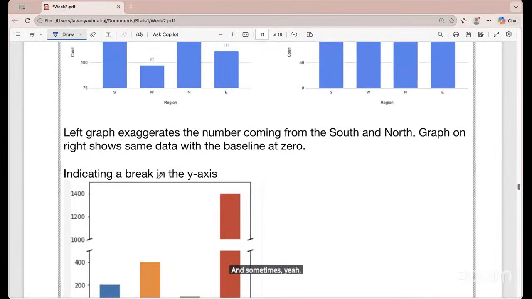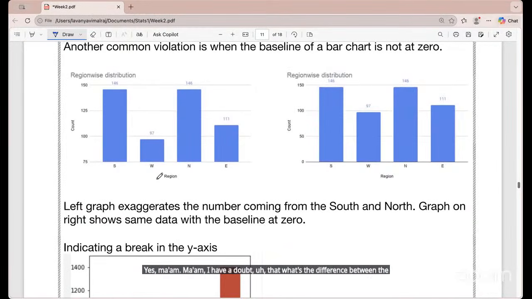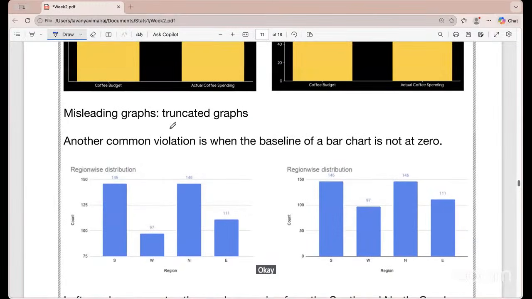Ma'am, I have a doubt: what's the difference between truncated graphs and a manipulated y-axis? See, truncated graphs basically lead to a manipulated y-axis. When you have this 0 here, you don't have any truncation. But here you have truncation, which leads to a manipulated y-axis.